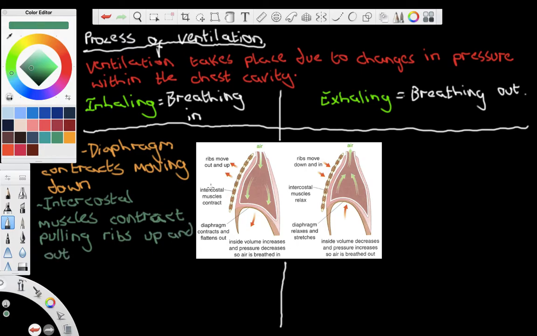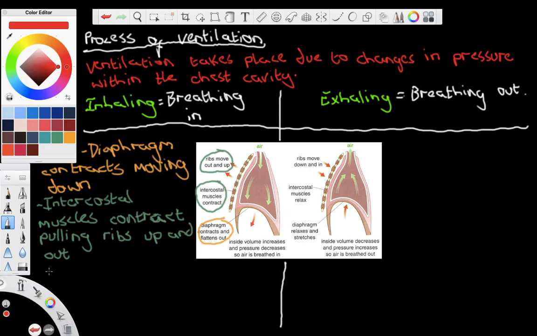Now these are both shown on this diagram. So the intercostal muscles are contracting to pull the ribs up and out. The diaphragm is contracting, which pulls it downwards. These two things increase the volume of the chest cavity, decreasing internal pressure, and air rushes into the lungs.